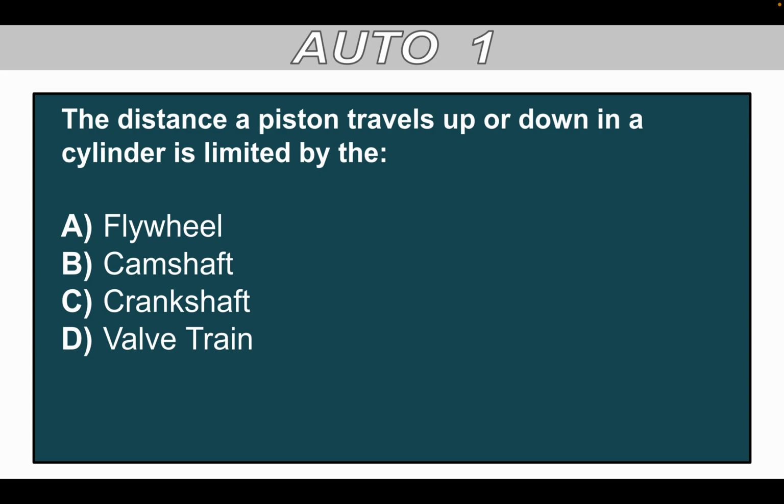Start thinking about what a flywheel is, what a camshaft is, what a crankshaft is, what a valve train is. Try to start eliminating that to give you your best option to select one. Because guess what? One of these options is going to limit the piston travel up or down in a cylinder. Okay, here we go. Let's see how we do.